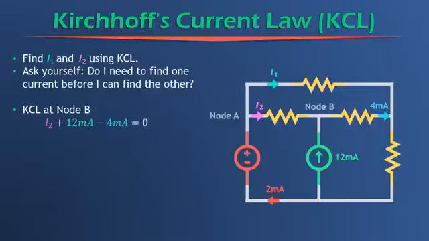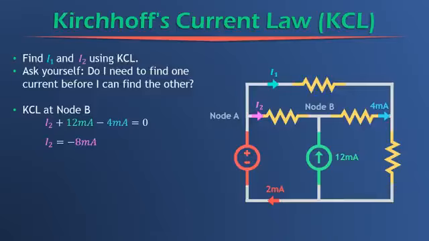Well, here's what it is, and we'll explain why. We have a positive I2 entering the node, so we write positive I2. And we have a positive 12 milliamps also entering the node, so we write positive 12. And we have 4 milliamps exiting the node, so we write minus 4 milliamps. And that's it. And then we set that equal to 0, and then we can easily solve and find that I2 equals negative 8 milliamps. And we'll talk about what a negative current means in a second.